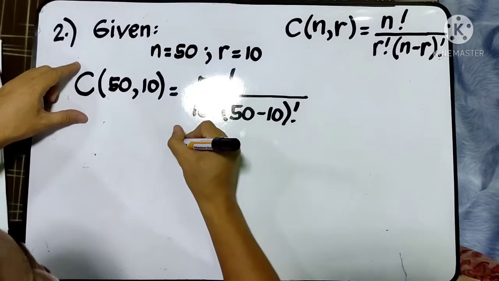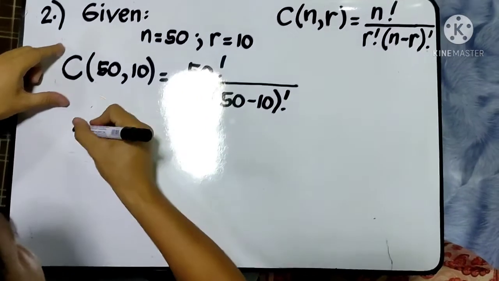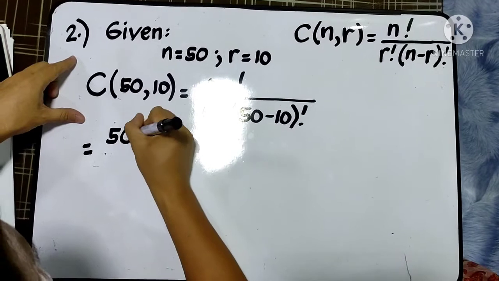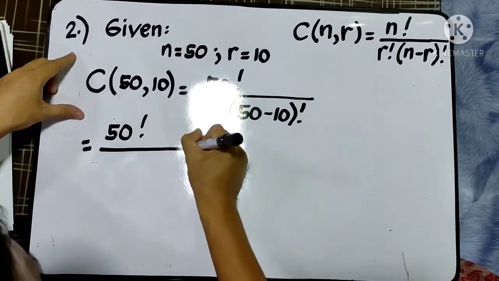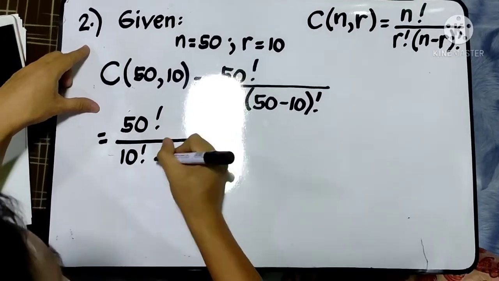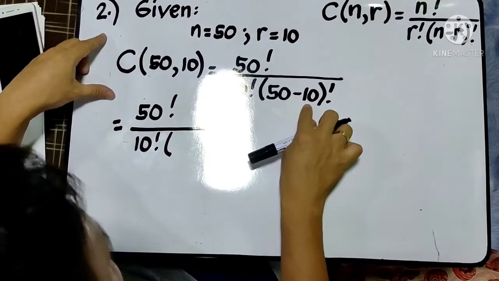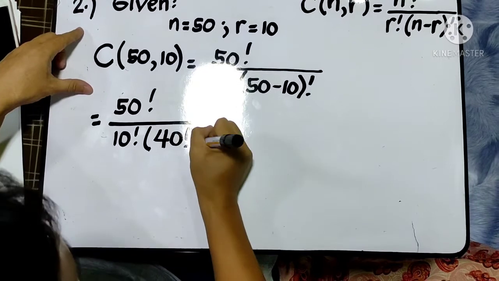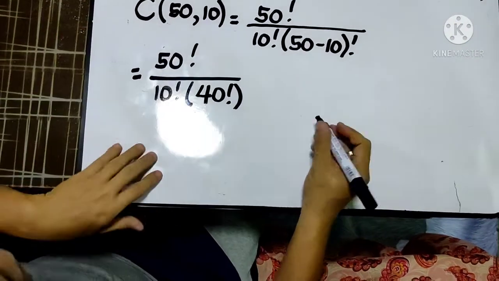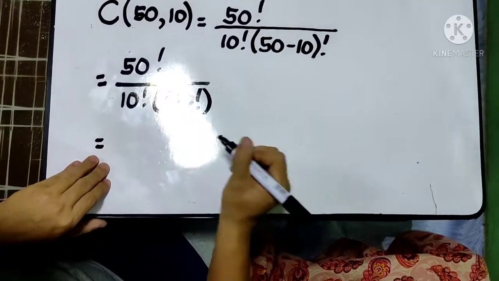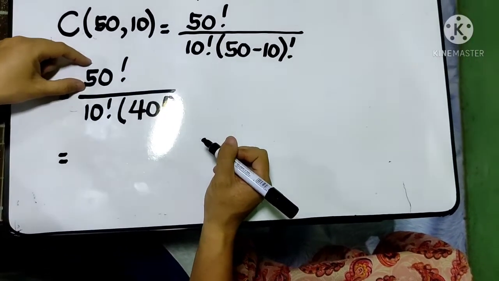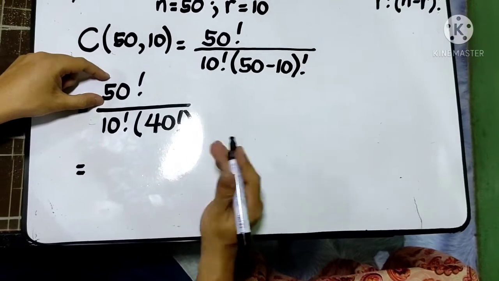So ngayon, i-simplify natin to further. Magiging 50 factorial over 10 factorial, 50 minus 10 is 40, 40 factorial. So ngayon, gagawin mo lang ay i-express mo tong 50 factorial into expanded form.